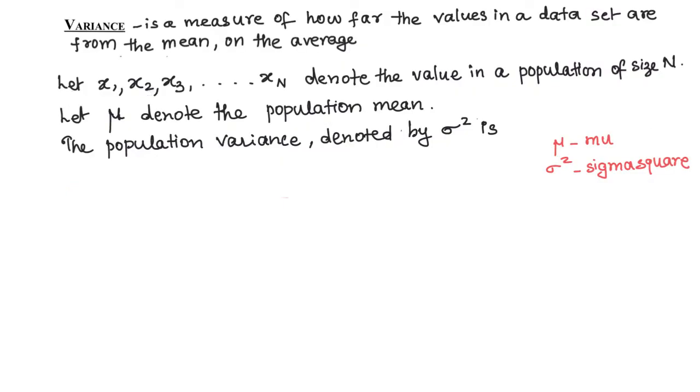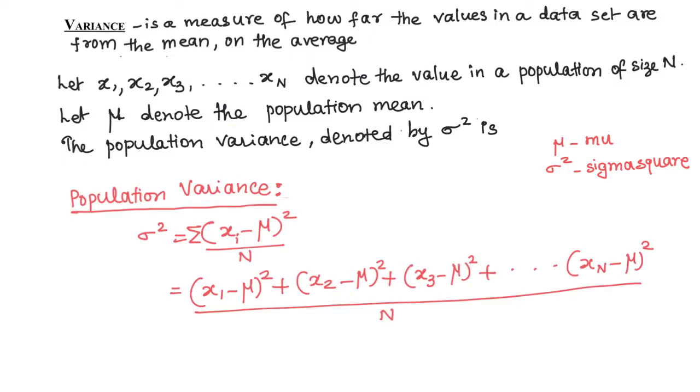Let x1, x2, x3 up to xn denote the value in a population of size n and mu denote the population mean and the population variance sigma square, that will be equal, that is sigma xi minus mu whole square divided by n. This is the summation notation. So if we expand this, this is basically x1 minus mu, mu is the population mean.